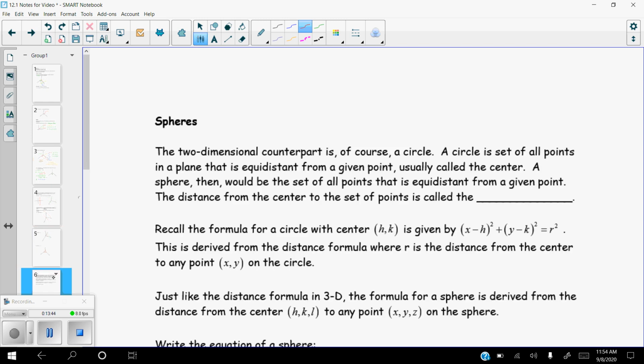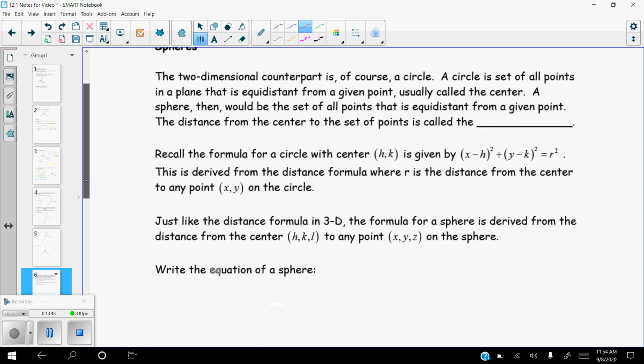One more thing to talk about, spheres. So a sphere, its two-dimensional counterpart is basically a circle. A circle is the set of all points that are equidistant from a given point, and that's what we call the center. So think about it. Every single point around the perimeter of a circle, or around the circumference of a circle, is exactly the same distance from the center.